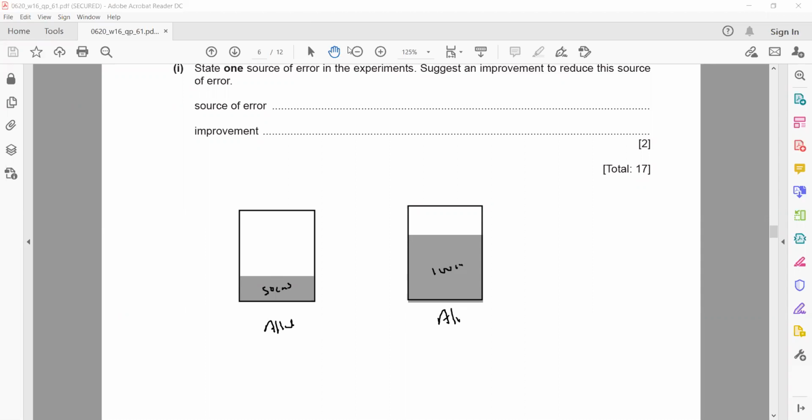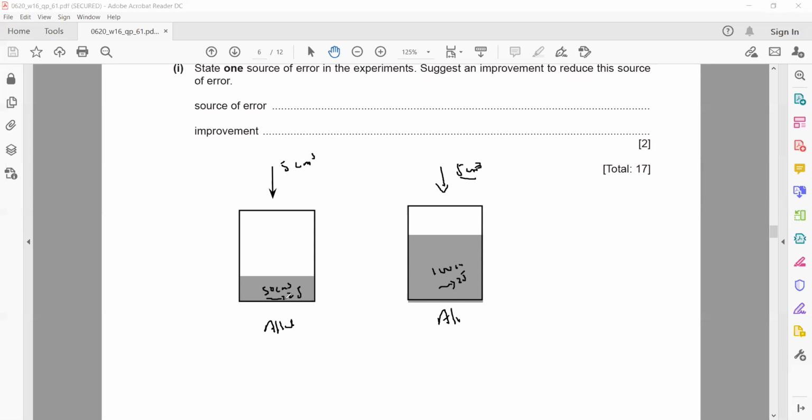Now what we are doing, if you read the question, every time we are adding 5 cm cube of acid. So when I'm adding 5 cm cube of acid here, and here also I'm adding 5 cm cube of acid, when acid reacts with an alkali, it releases energy. Example, due to the reaction it released 2 joules of energy. So it will release 2 joules here and the same 2 joules here, because we are adding the same amount of acid from the burette. So it released 2 joules of energy in the second reaction.